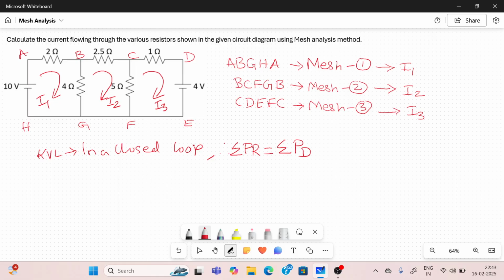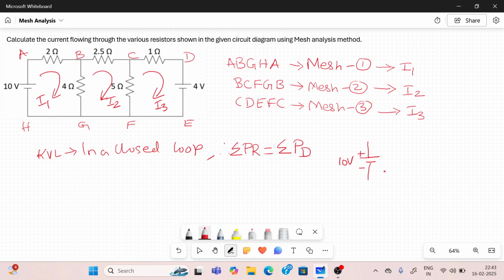So what is a rise and what is a drop? All the passive elements are considered dropping elements. All the resistors create only a potential drop. What about the rises? Look at the sources, for example this 10-volt voltage source.